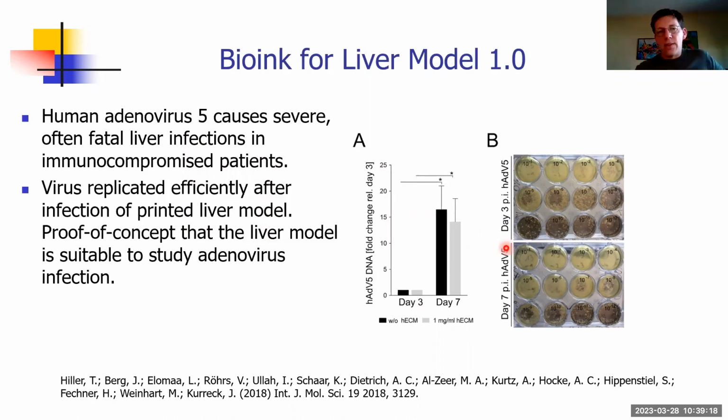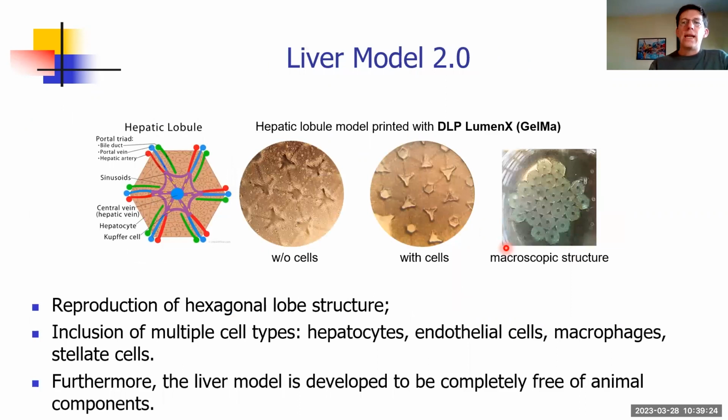In these experiments I've shown you here, we also used this grid structure, but then we improved the structure. And as I said in the introduction, each technology has its advantages and disadvantages. And here we use the digital light processing bioprinter, and we use methacrylated gelatin as a bioink.